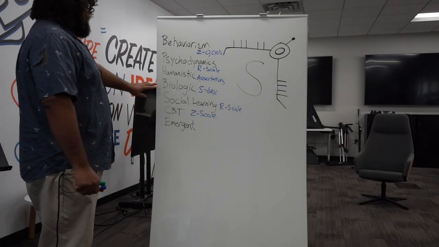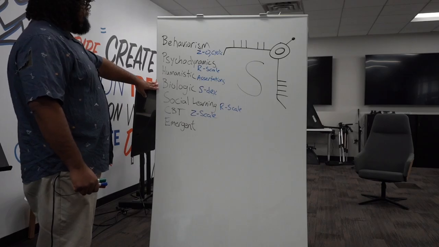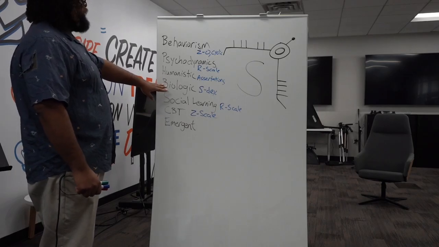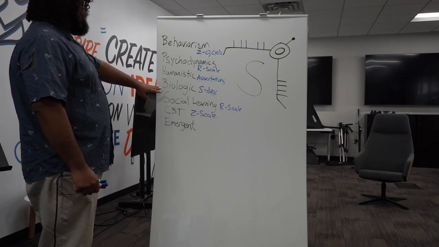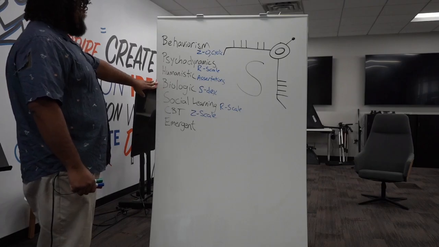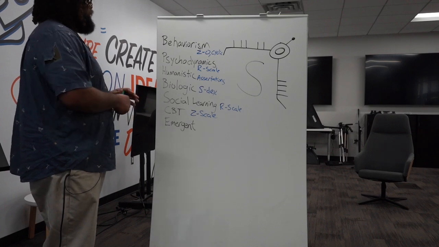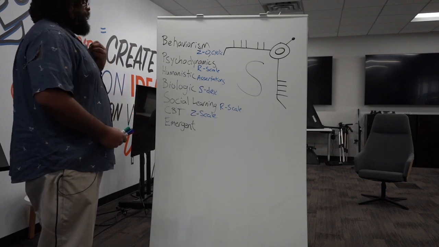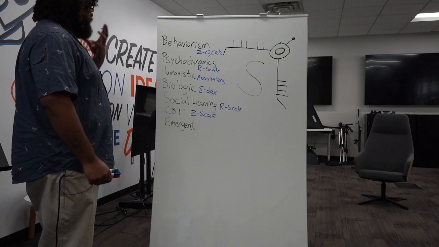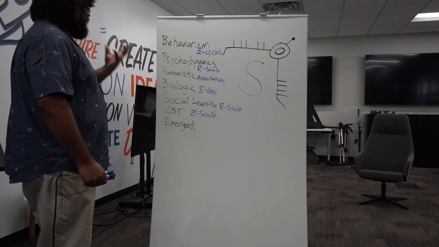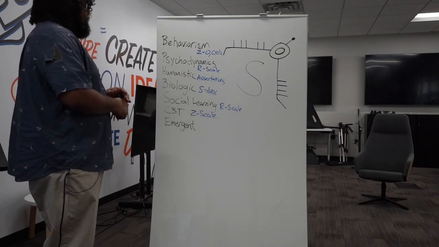So we also have biologic explanations, and these are all based on physical stuff. This is based on the structure of the brain that causes the phenomenon. It's based on the neurochemistry. It's based on metabolism. It's all very much based on physical, scientifically observable things that we can 100% say.